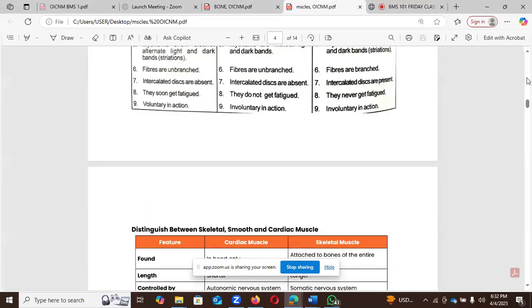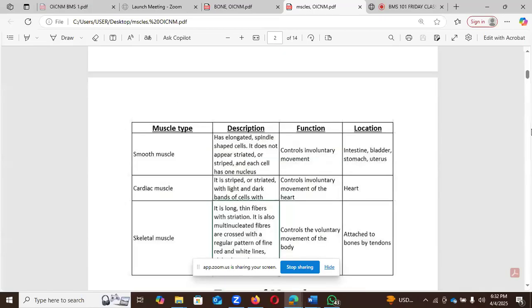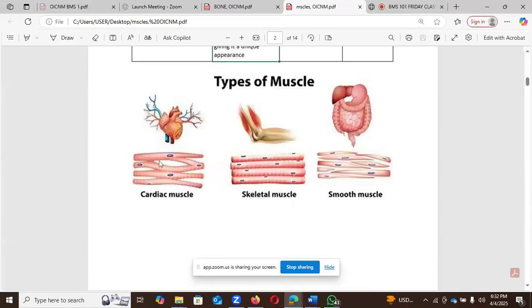Look at cardiac muscle. Look at how it is. You see that it's branched. So you have intercalated discs in between the branches to facilitate rapid exchange of nutrients and impulses.